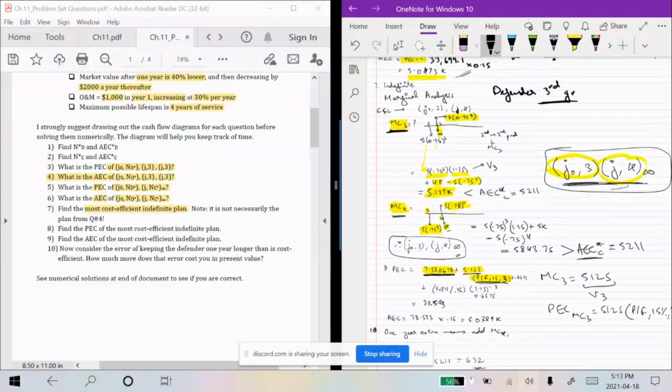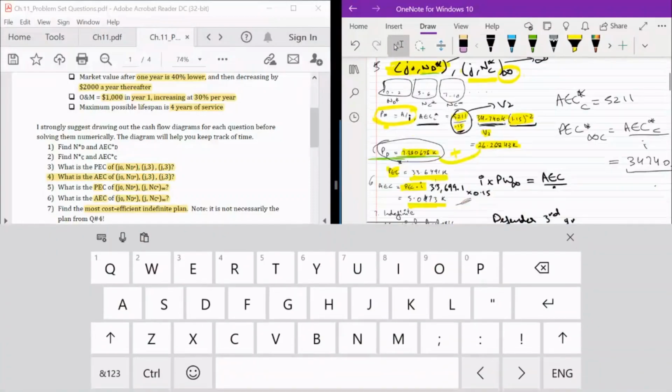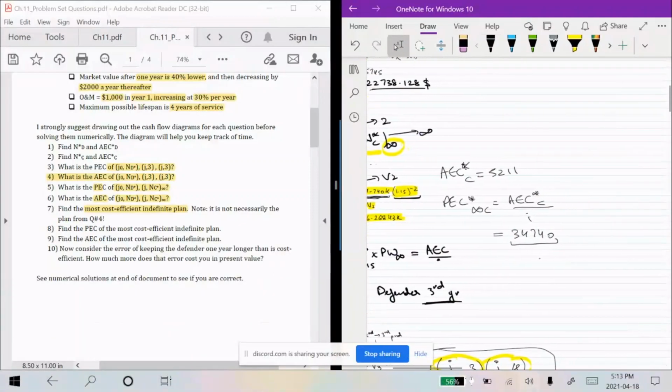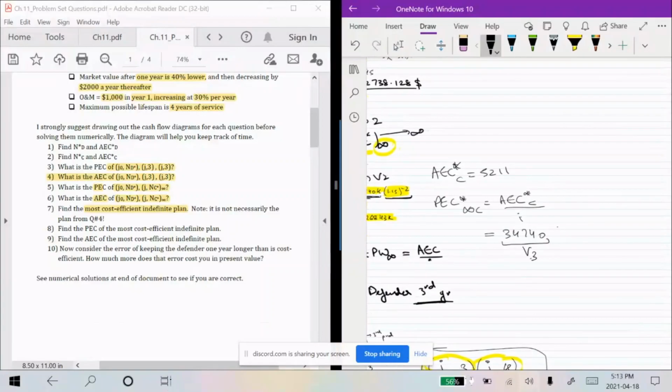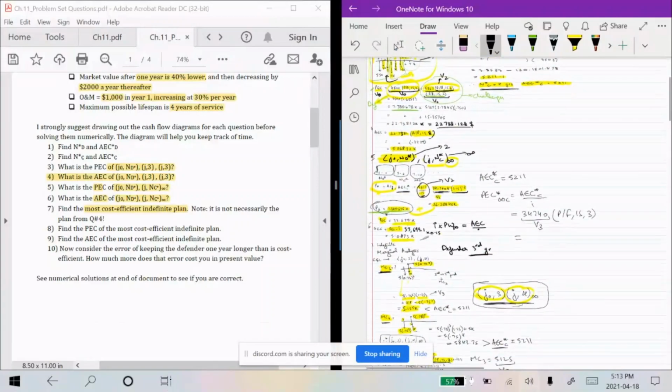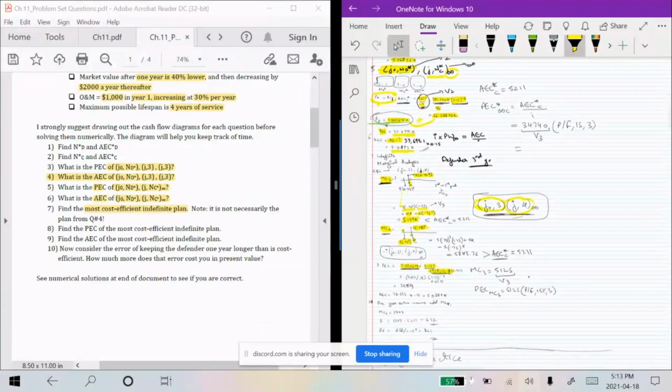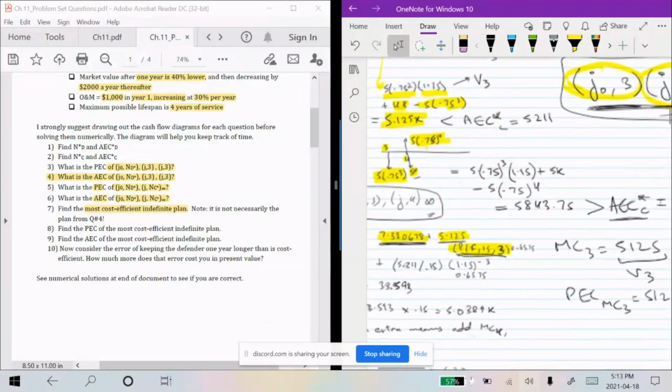So you drag it back by 3 periods. Here, this is V3. So you drag it back by 3 periods. So what do you do? Find P given F, 15%, 3 years. You calculate this. That's what I did right here.